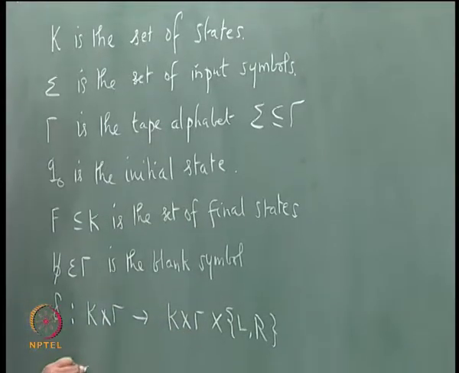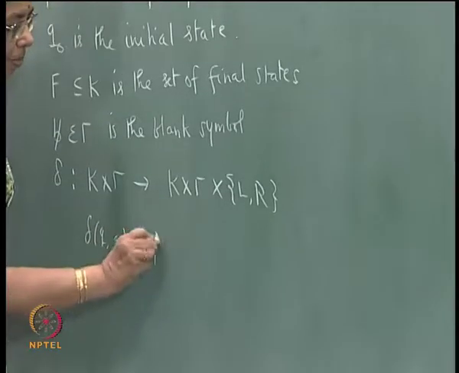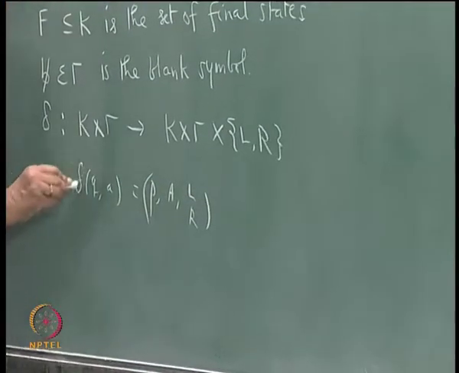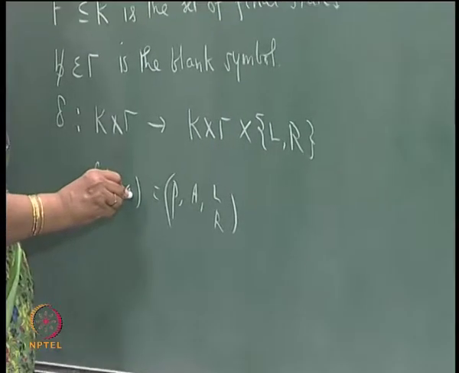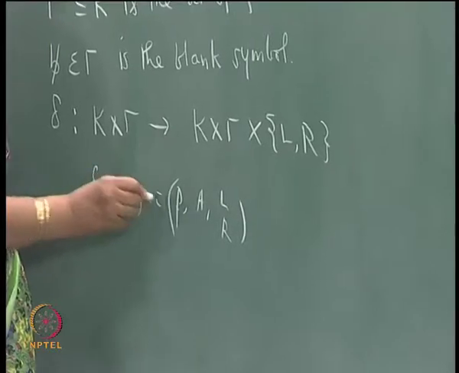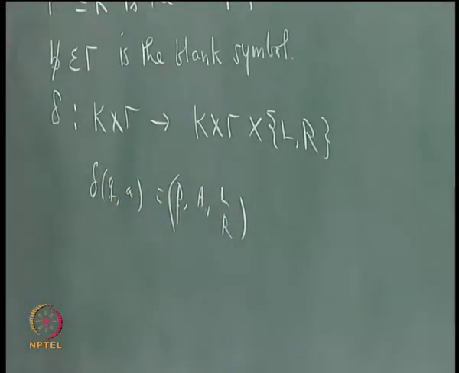That is, the mappings are given in this form, delta of (q, A) is equal to (p, A', L or R). That means, if it is in state q reading the symbol A, it can go to state p, rewrite over A, and move left or right.